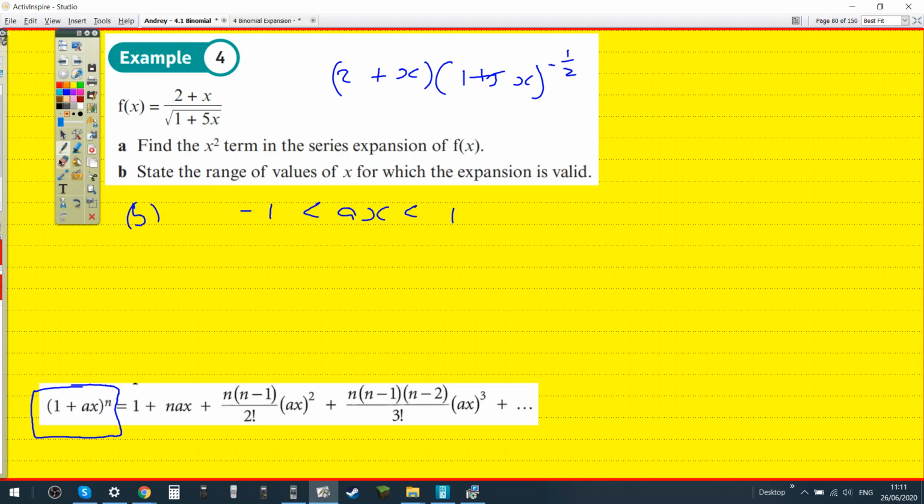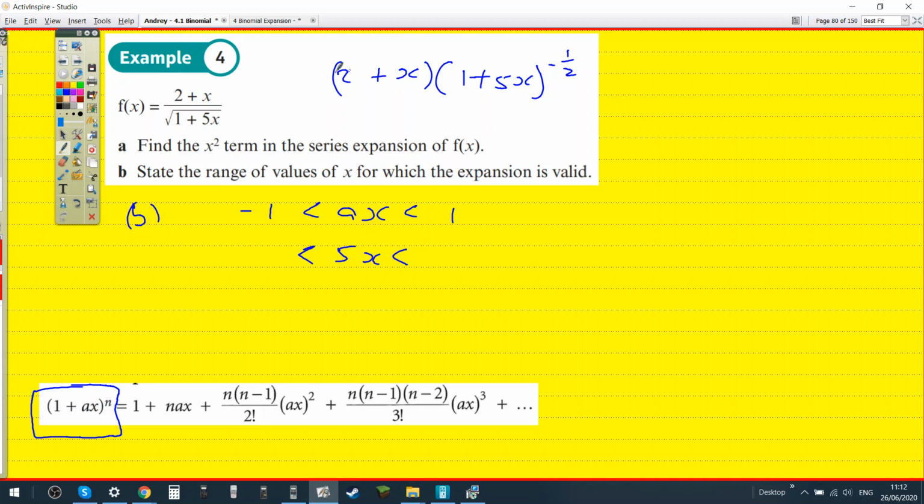So state the range of values of x. If you were expanding these brackets, what is a? Would a be like 2 times 5x plus 1 times x? A is 5. Okay, 5x, ax.